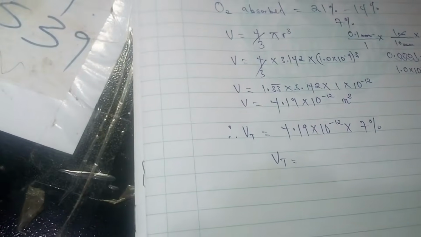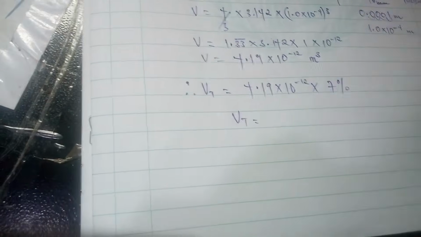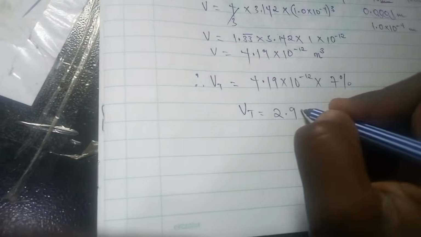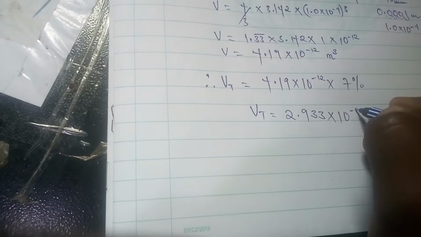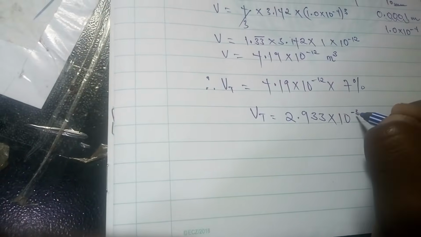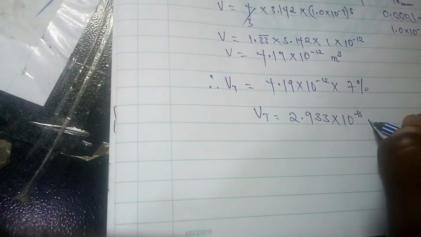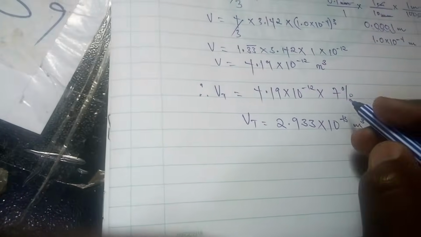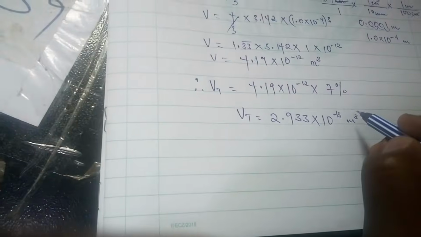That is VT. When you multiply everything, you get 2.933 times 10 to the power negative 13 cubic meters. This 7% you can write as 0.07 by dividing by 100.